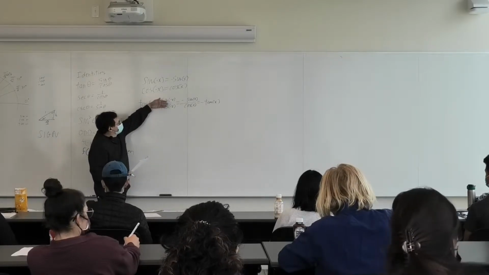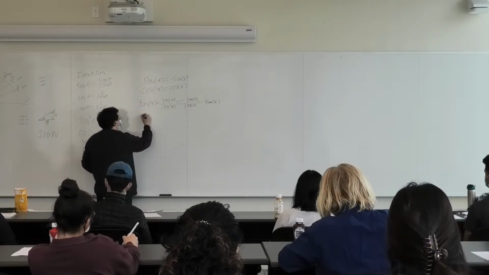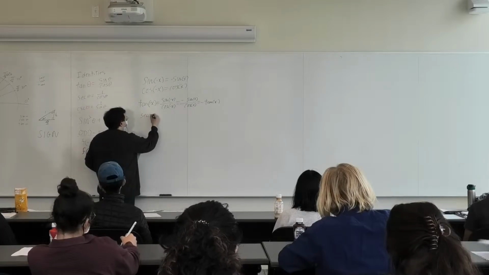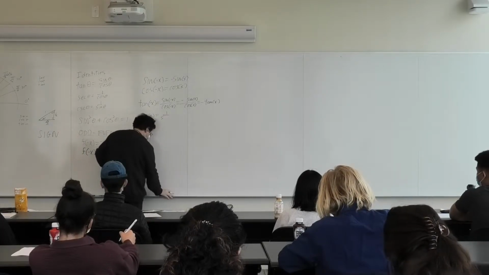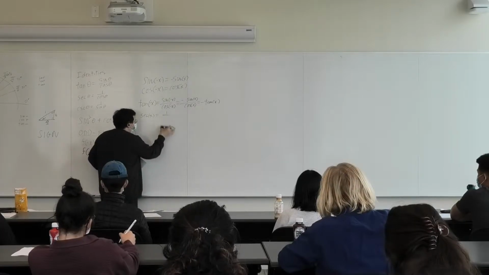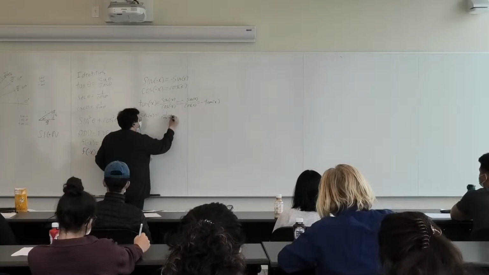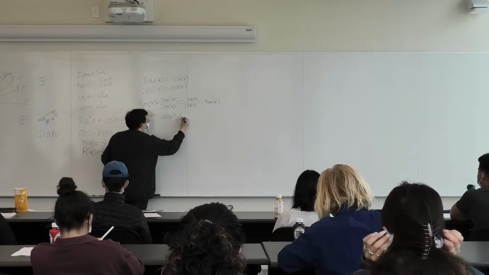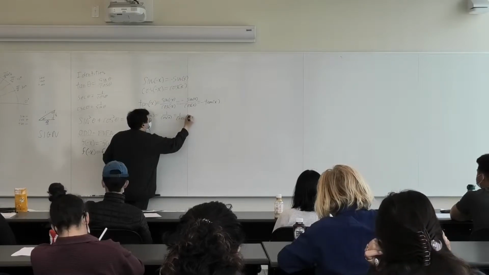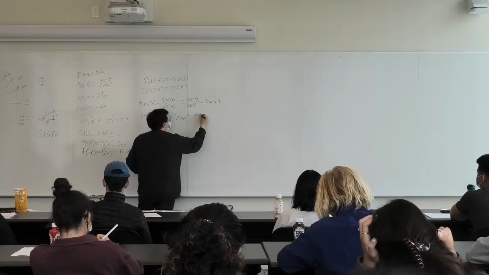Cotangent is just the reciprocal. That'll be odd. Secant of negative x is 1 over, well, you can kind of see this coming, cosine of negative x, which is 1 over cosine of x, which is secant of x.